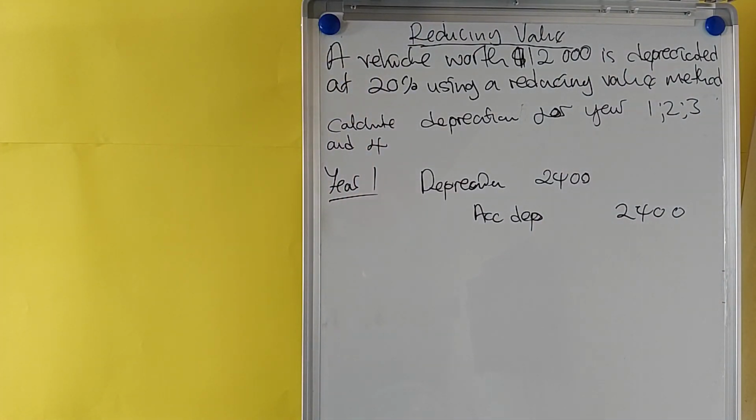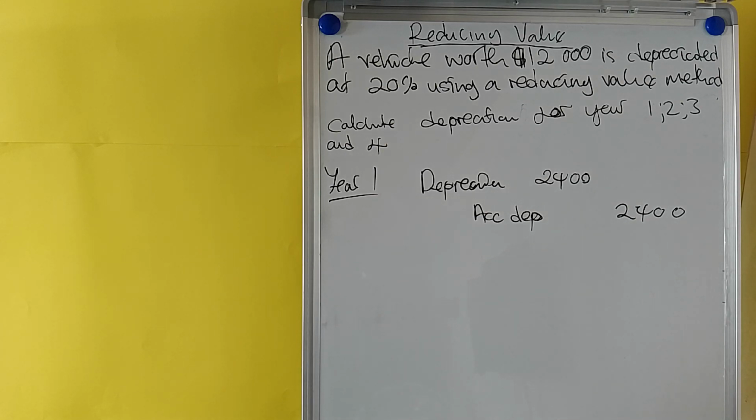So our motor vehicle in the first year reduces by 2,400. Where does the reducing value method differ from the straight line? It differs from the second year. Let's look at what happens in the second year.